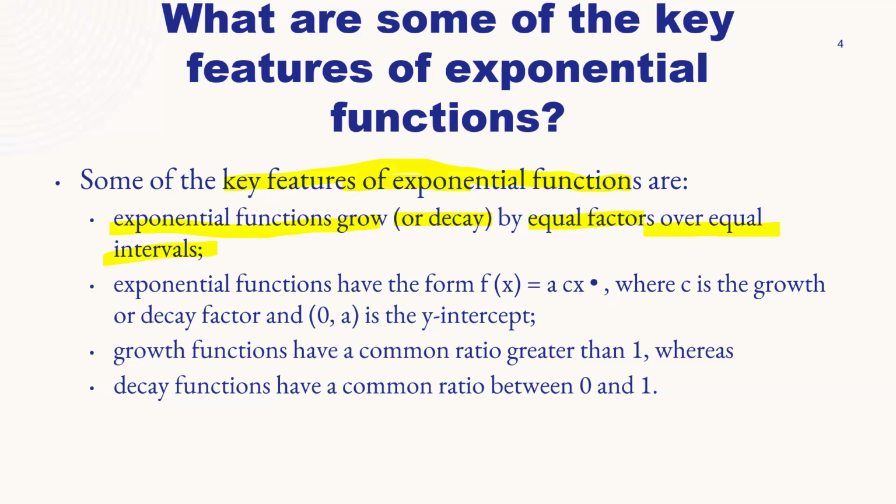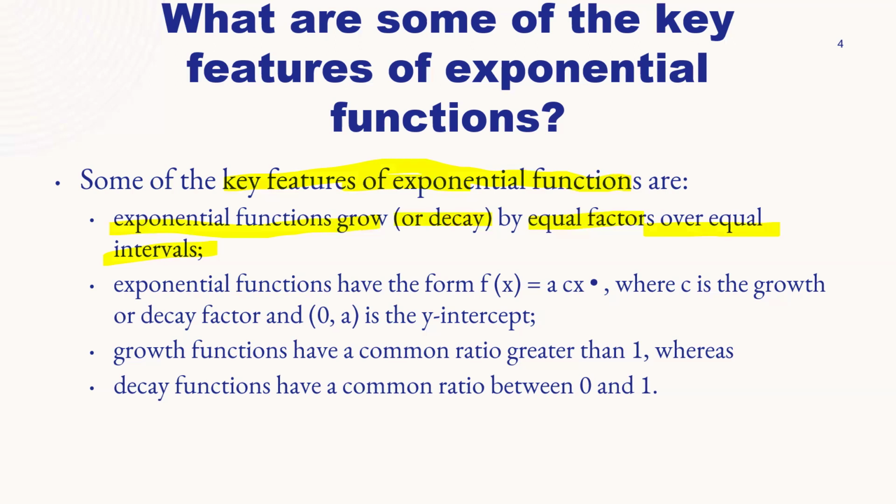And when it says over equal intervals, that means that you're counting by an equal value. So whether you're counting by 1, 2, 3, 4, 5, 6, or by 2, 4, 6, 8, or by 5, 10, 15, 20, 25, those are all equal intervals because I'm going from one input to the next by the same amount. Yes? Okay, that's what that's telling you.